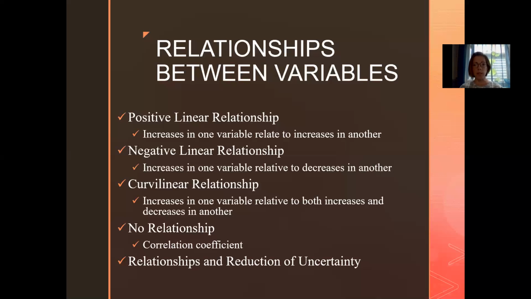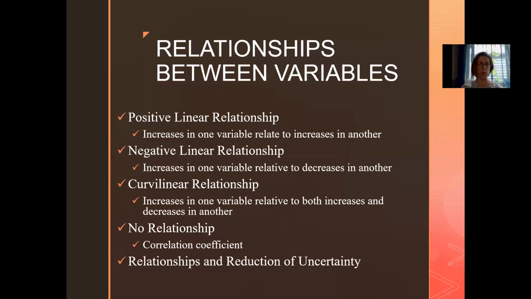And the point of looking for relationships between variables in the first place, trying to categorize it in these ways, is because it helps us to eliminate or minimize the uncertainty in our research, right? So how are these different things related? Again, a relationship between variables is not the same as cause, right?